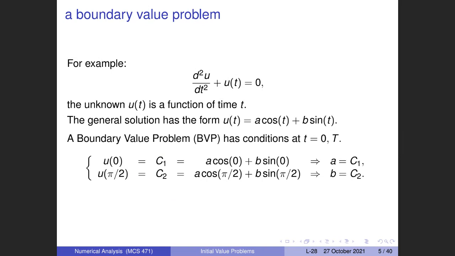If we see this as a boundary value problem, then we also have two constants, C1 and C2 again. So C1 is again the initial position, but C2 is the value of u at pi over 2. Why pi over 2? Well, it's a periodic function, and pi over 2 means that the answer is again B. So this is kind of a textbook backward example.